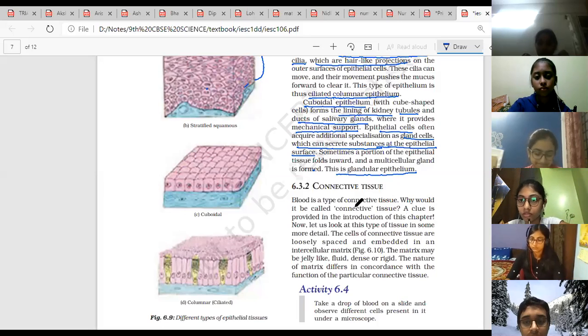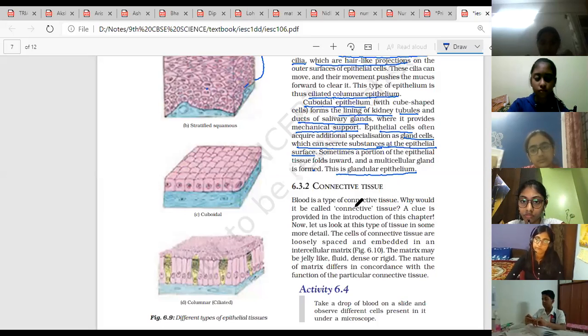Epithelial tissue, one full chapter. Connective tissues, one or two big chapters. So they are limiting some part for you because further on you have to learn it. There should be some limit for every syllabus, so that's the reason NCERT is there.